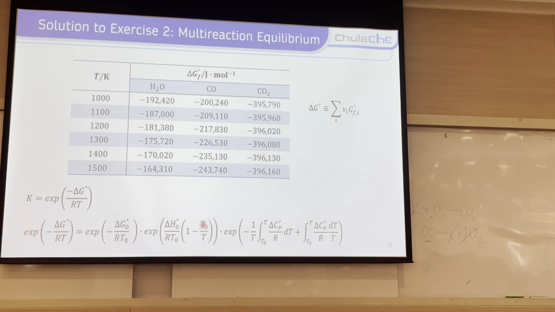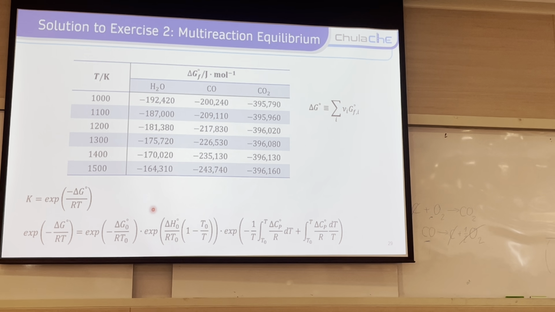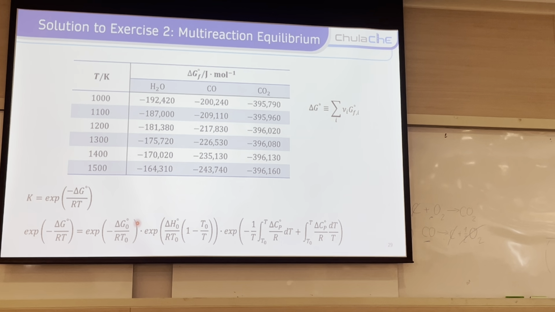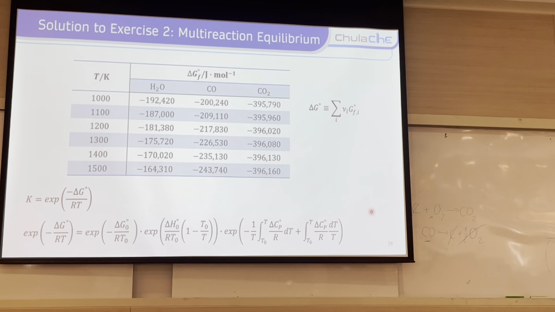You just add that effect for changing the temperature from reference to the reaction temperature. But in practice, we usually don't know the Gibbs energy change at any temperature. The data that we have is at the reference temperature. That's why we have to use the long equation to determine it.